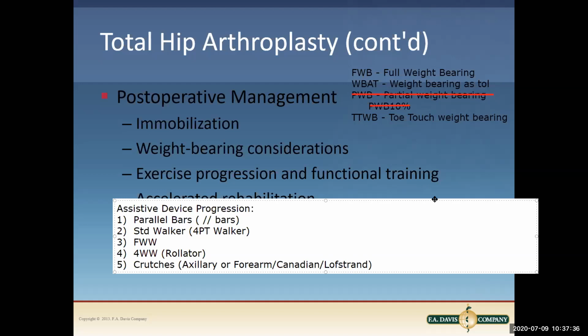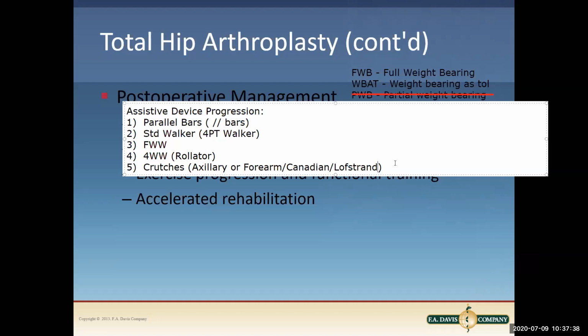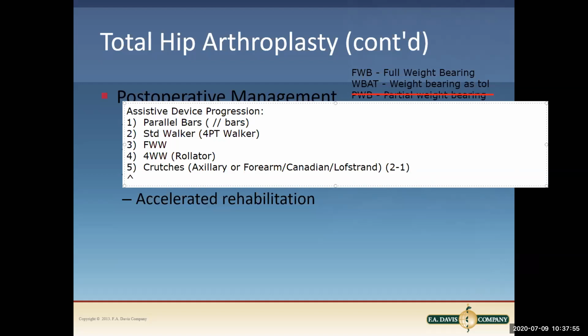I'm pretty sure that's the guy that originally came up with them, but I can't guarantee it. So Lofstrand crutches. We're going to start with 2, and then we can go down to 1 crutch. 2 is more stable, 1 is less stable. And then finally, we can get down here where we can start talking about canes.